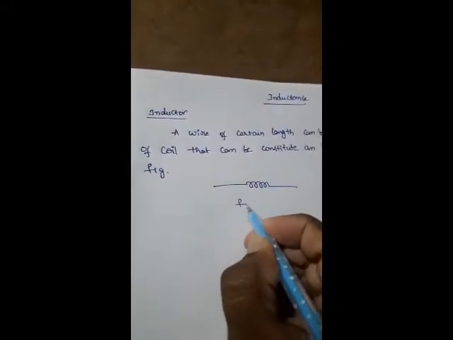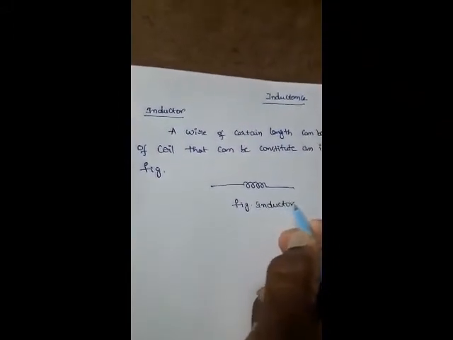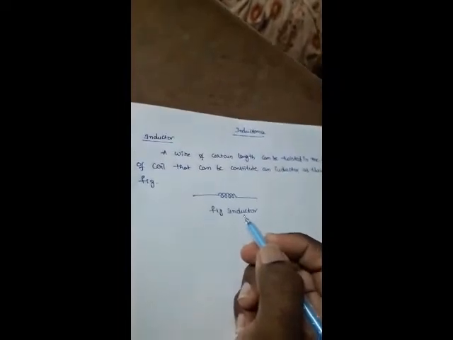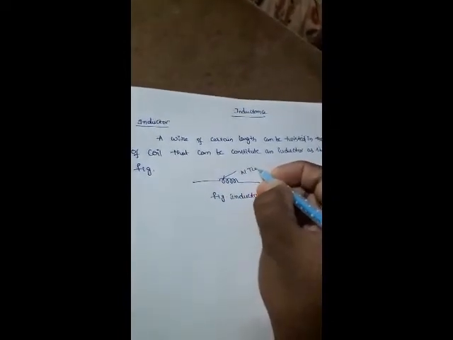Here, this is an inductor in the form of a coil. So an inductor is a coil which has n number of turns.